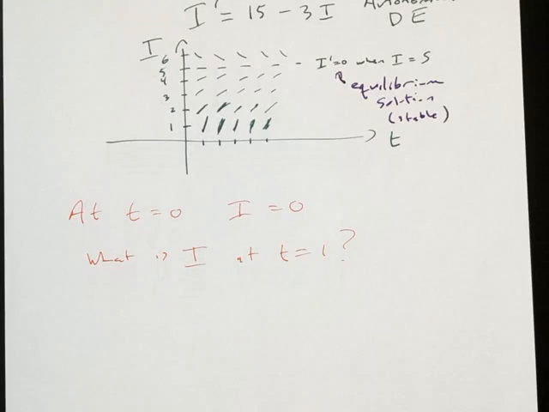Now, I could do a linear approximation. How do I do a linear approximation again?